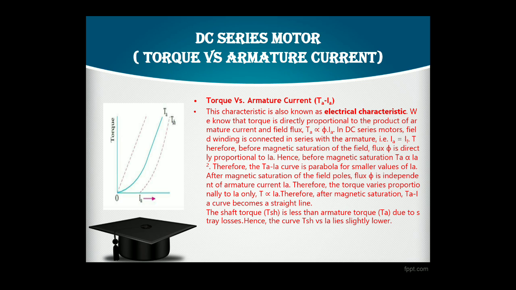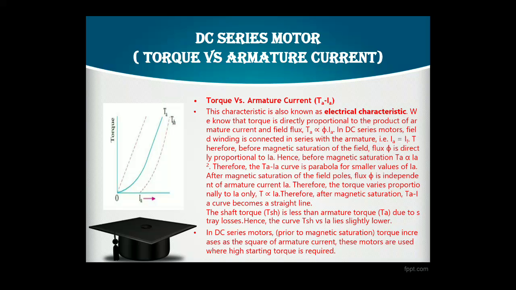The shaft torque TSH is less than the armature torque due to stray losses. Hence, the TSH versus Ia curve lies slightly lower, because due to stray loss the torque of the armature is greater than the torque of the shaft. In a DC series motor, the torque increases as the square of armature current.